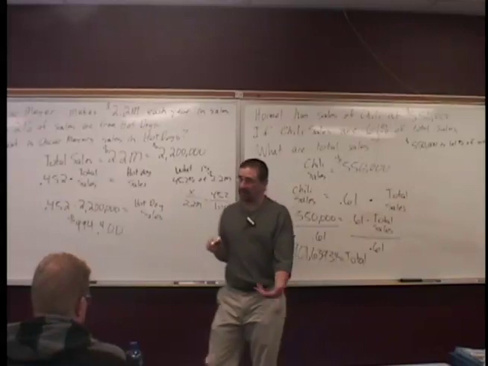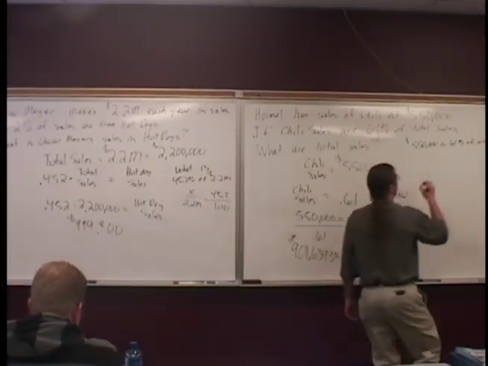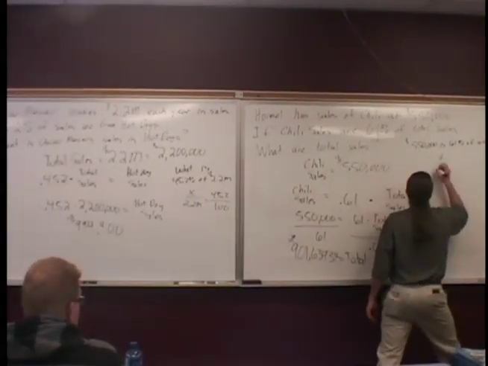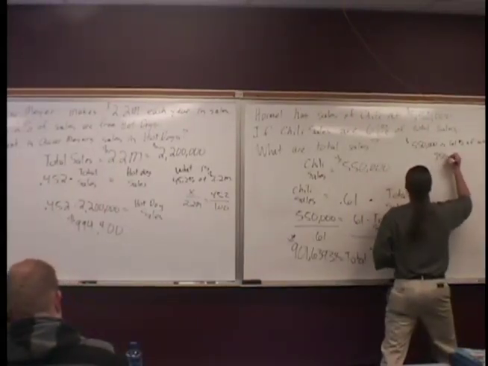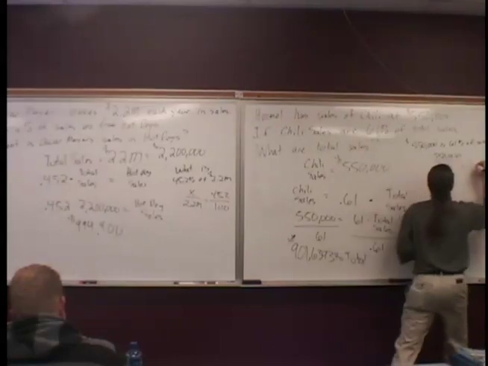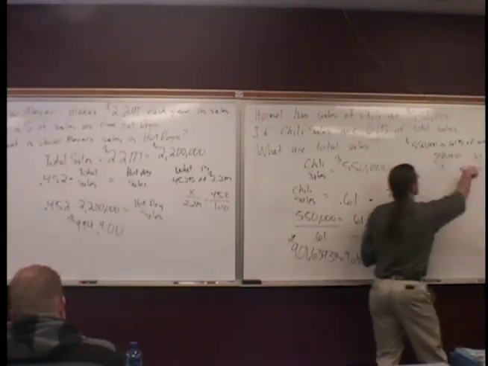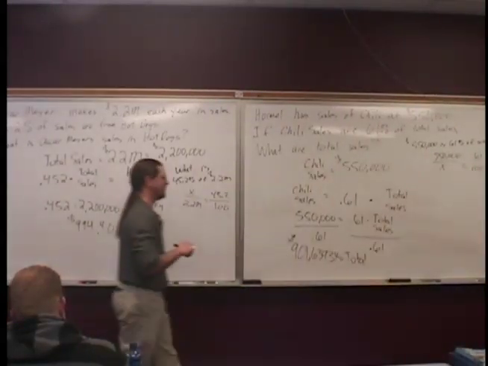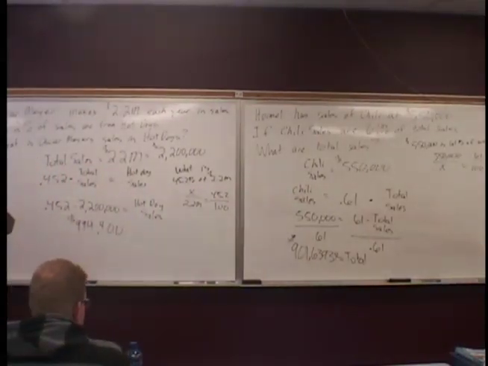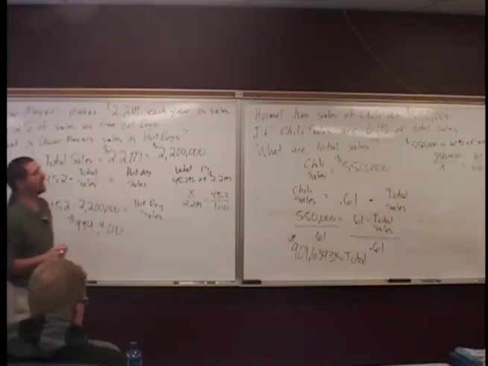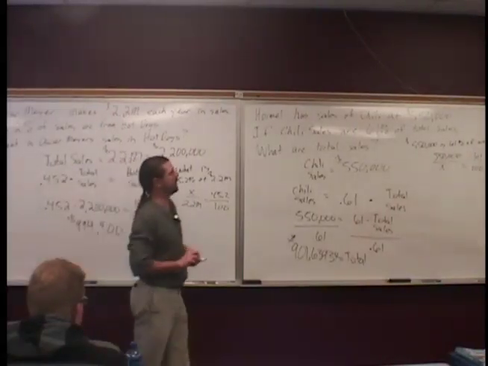And that when you translate that into the is over of technique, it's 550,000 over x equals 61 over 100. Cross multiply and divide. Again, if you can read those three sentences and see that that's what it's saying and translate it into the straightforward is over of technique, great. There's nothing wrong with it.